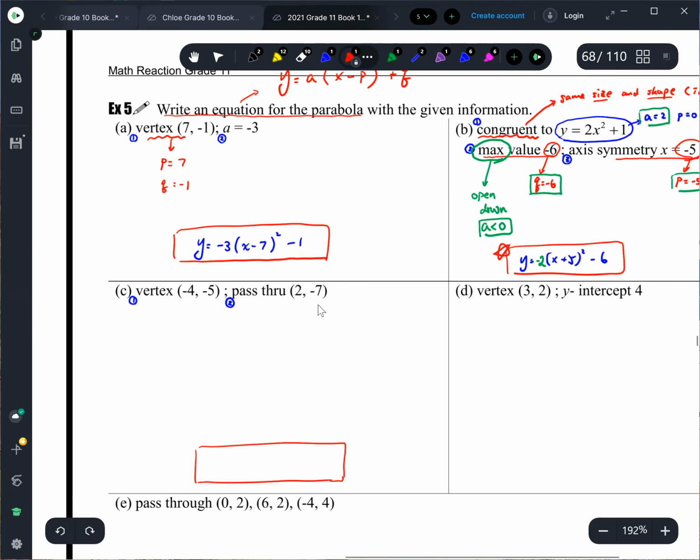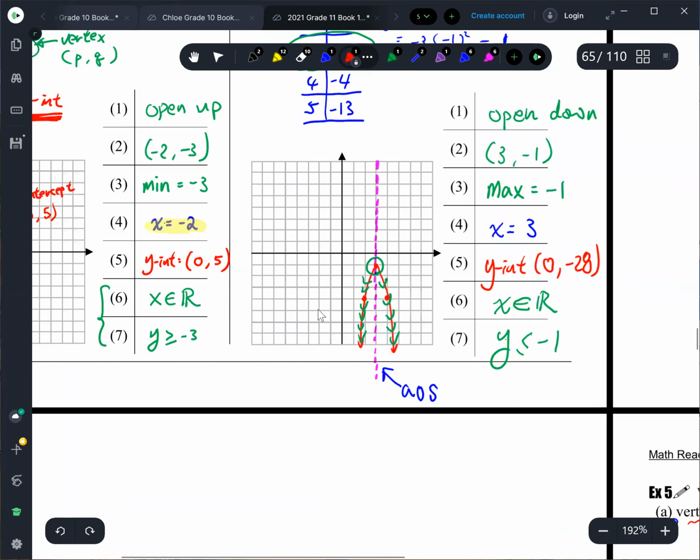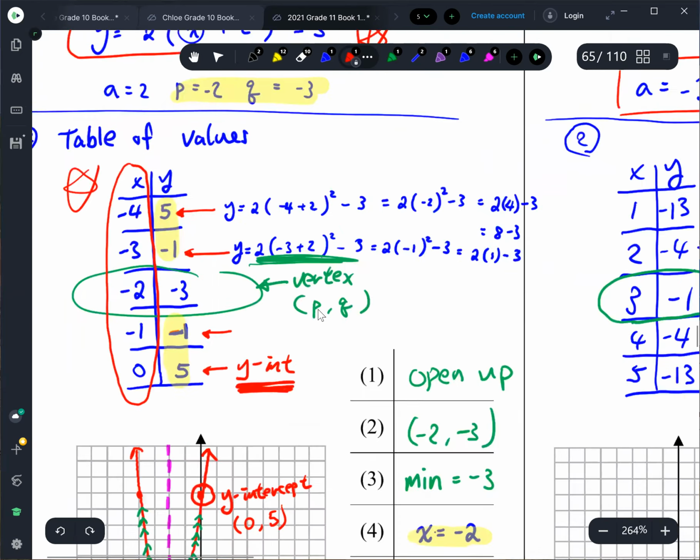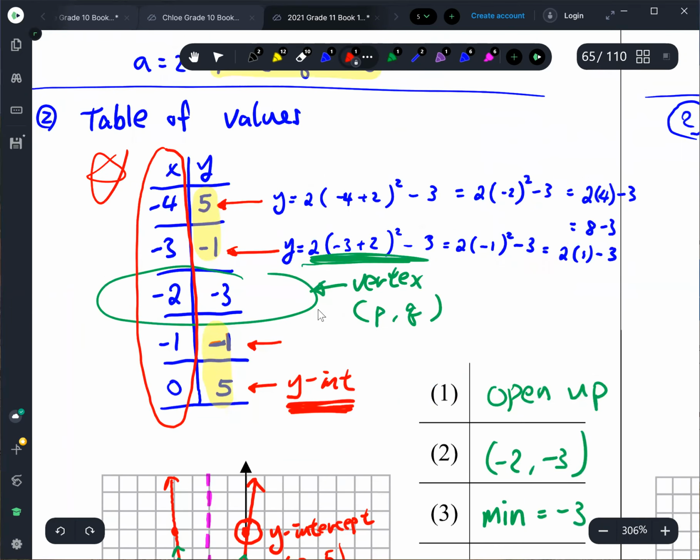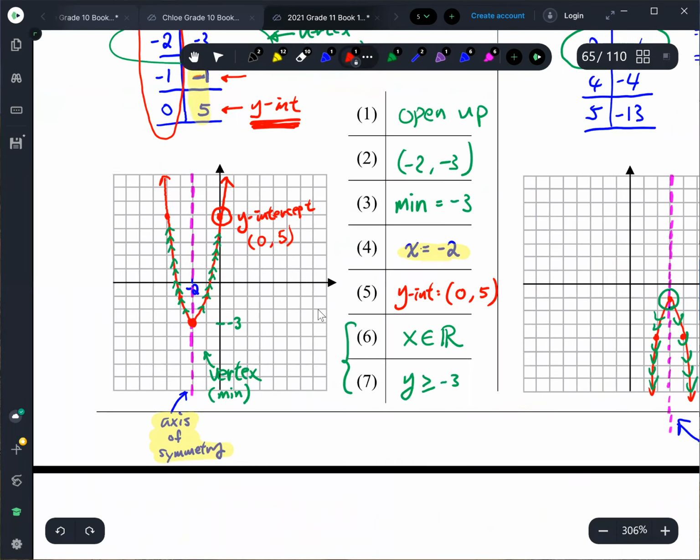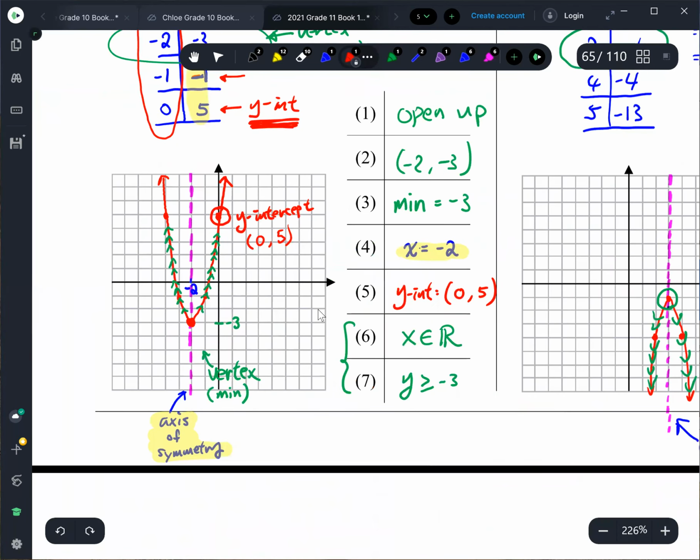If it passes through, okay, I'll give you a little hint. Passes through means it's one of the points on the table, on the chart, right? Because look at the table that we made before. All these 5 points, they are the points that the graph passed through, right?